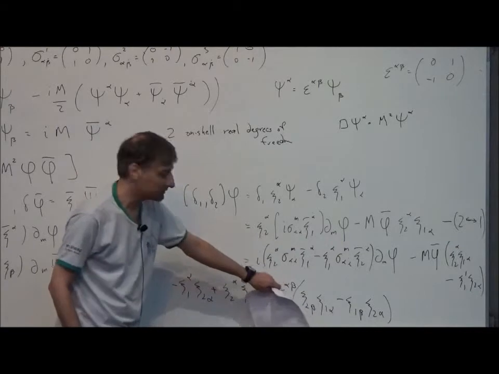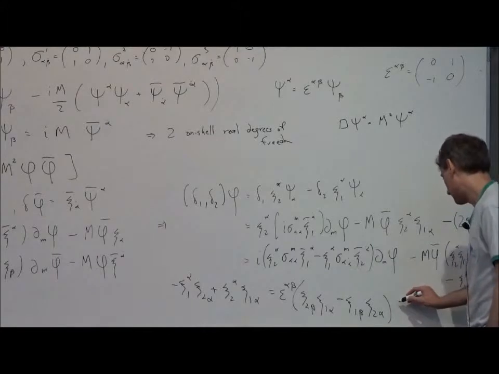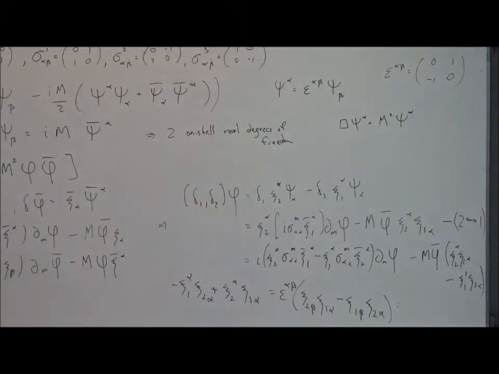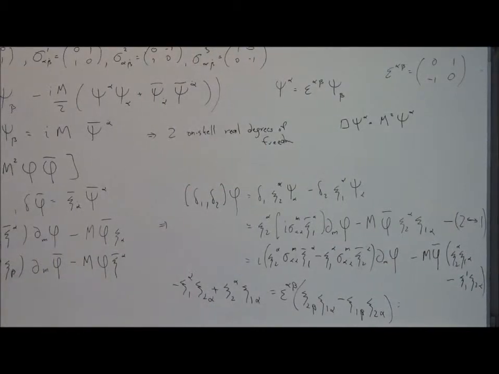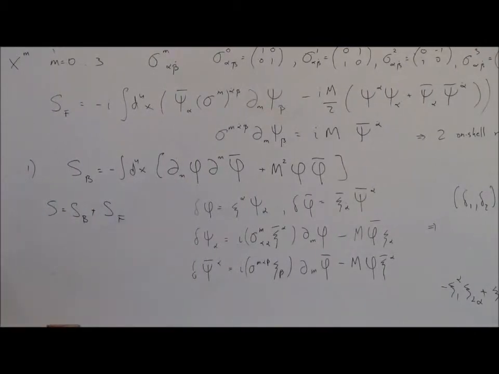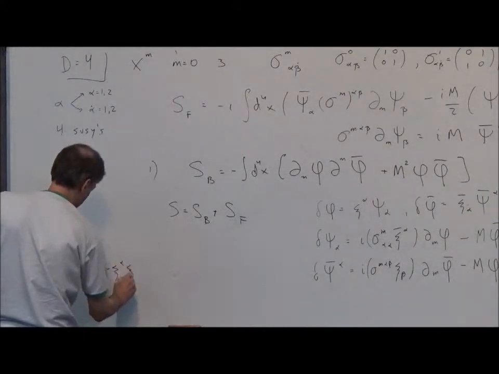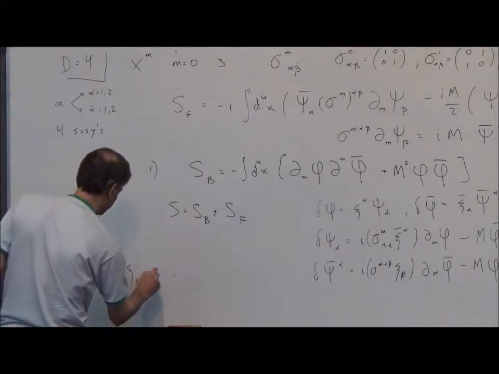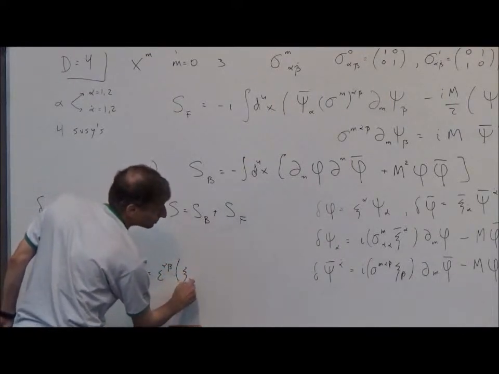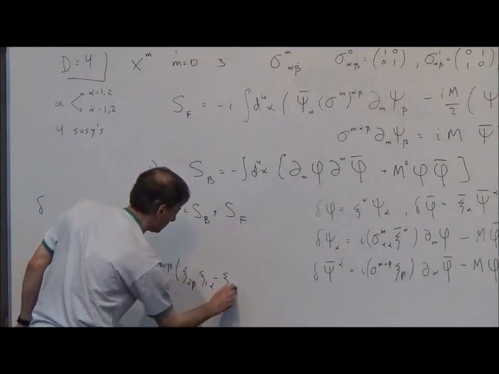But now epsilon alpha beta is antisymmetric. Let's do it over again. So C1 alpha, C2 alpha minus C2 is equal to epsilon alpha beta, C2 beta, C1 alpha minus C1 beta.